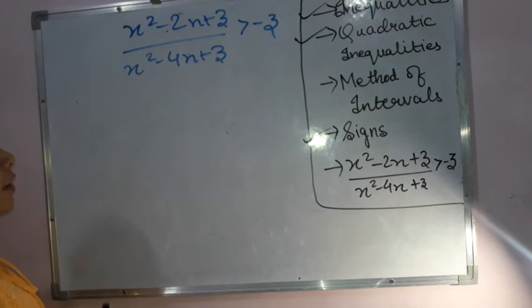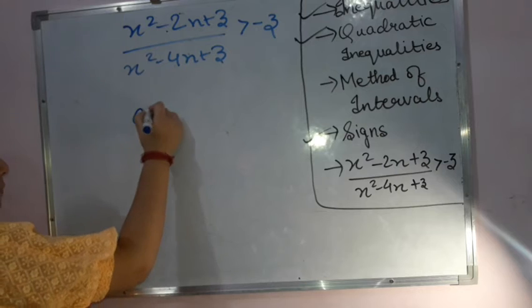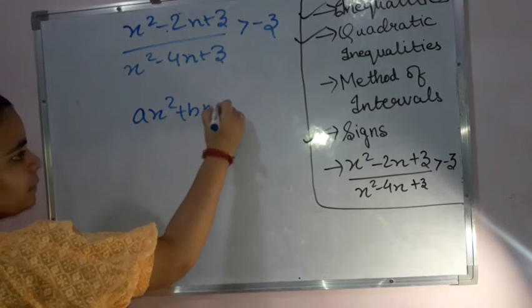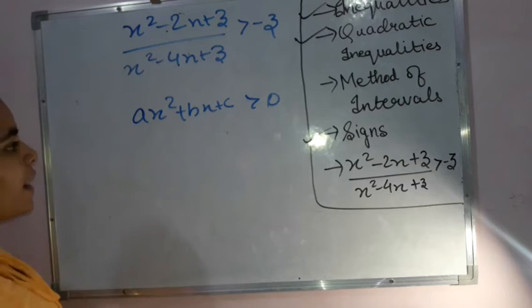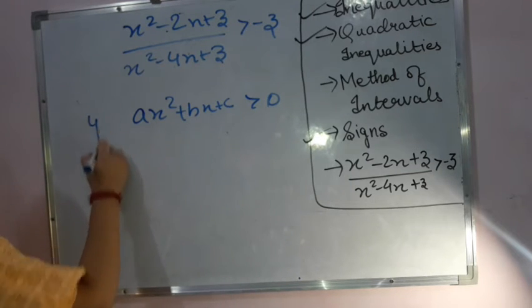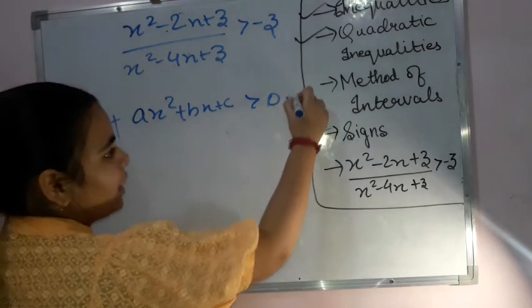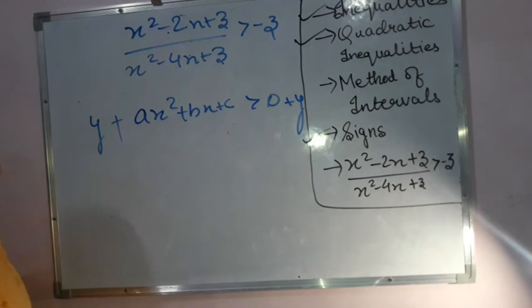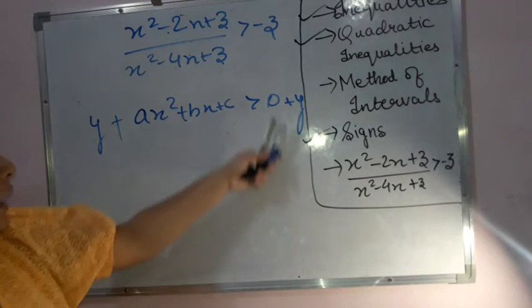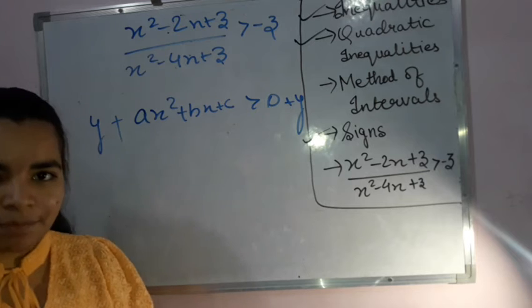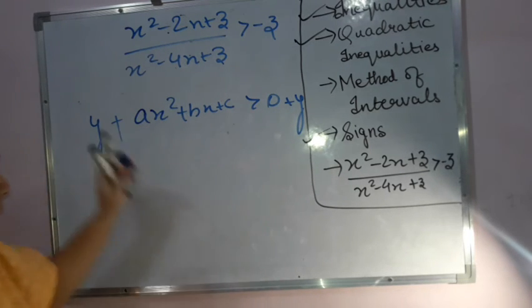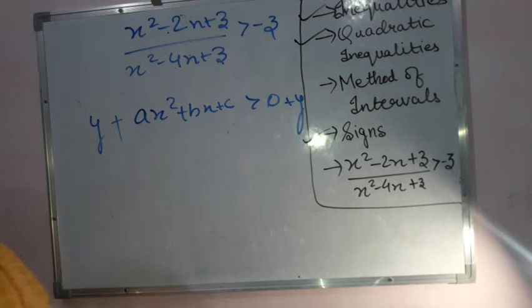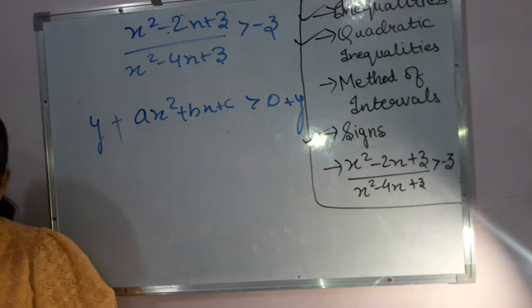Suppose I had ax square plus bx plus c greater than 0, and on this side I add y, then on the other side I also have to add it. In this case the sign of inequality will remain the same. That means if it was greater than, it will remain greater than. Even if I subtract something, this is the case, right?